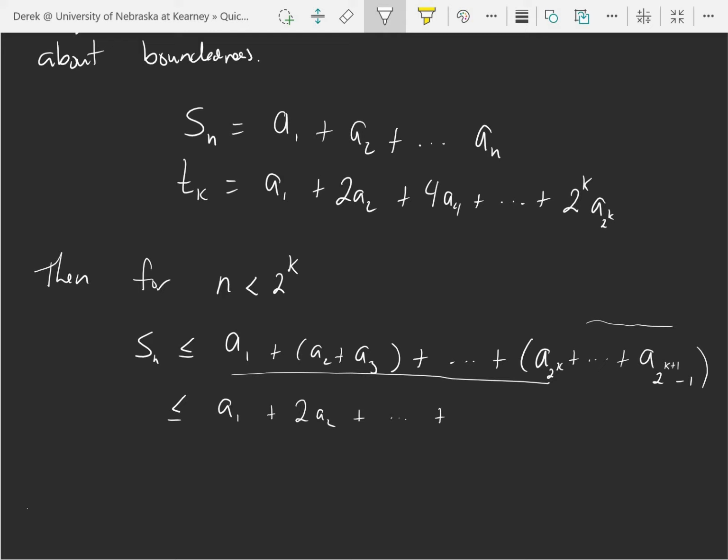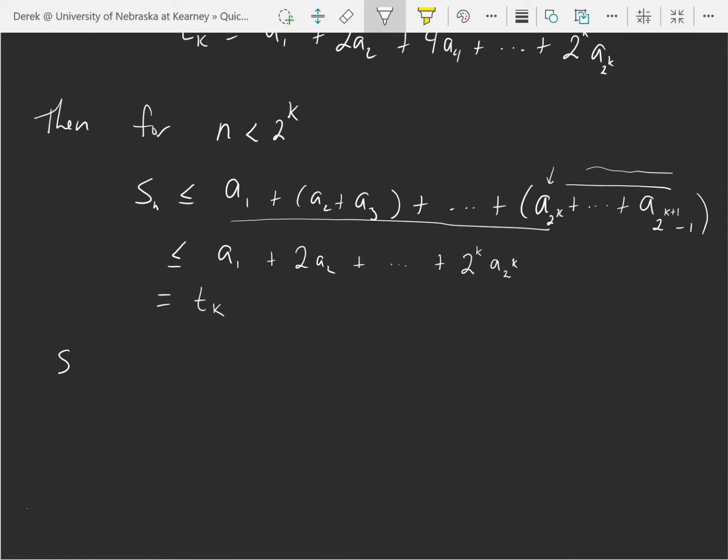We'll take the first one. This guy is the biggest of all of these. There's 2 to the k of them, so this is going to be smaller than or equal to 2 to the k times a sub 2 to the k, which is equal to t sub k. So S sub n is less than or equal to t sub k.